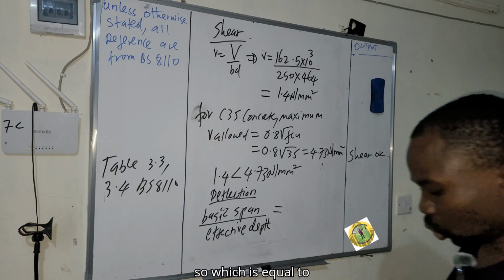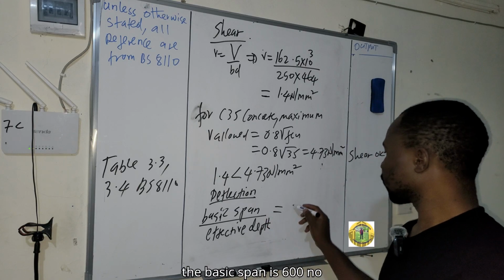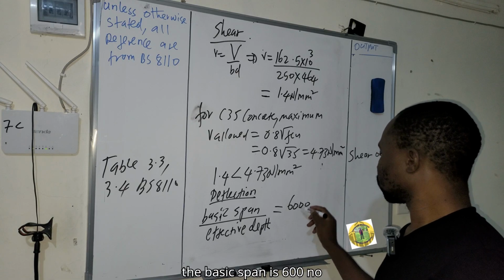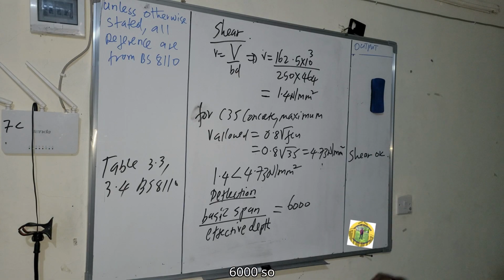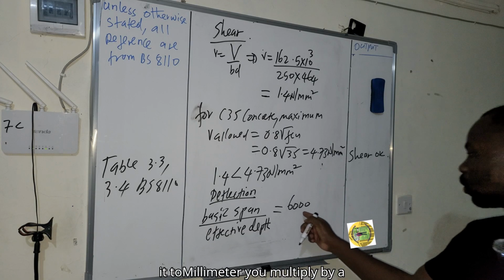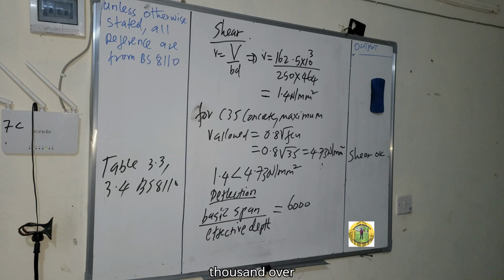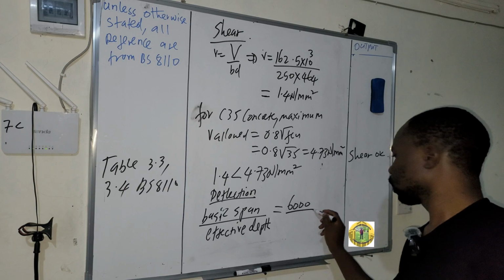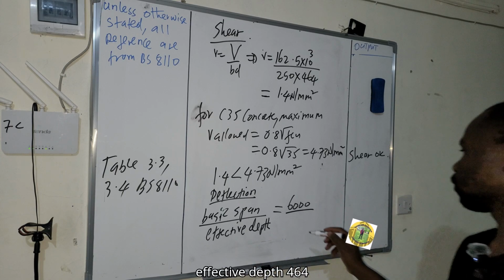So the basic span is 6,000. It was 6 meters, then you convert it to millimeter, you multiply by 1,000, over effective depth 464.